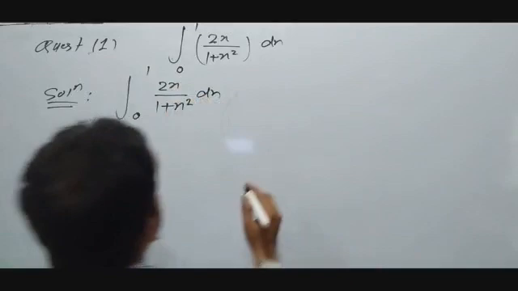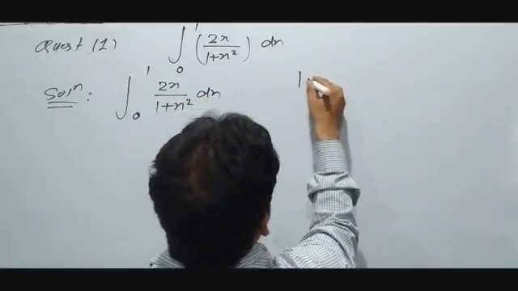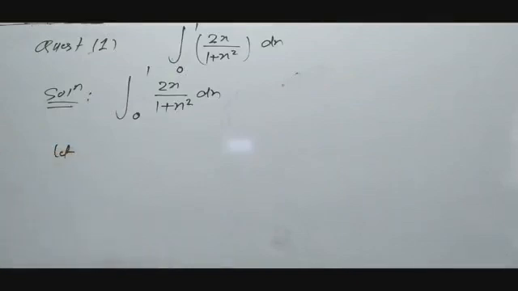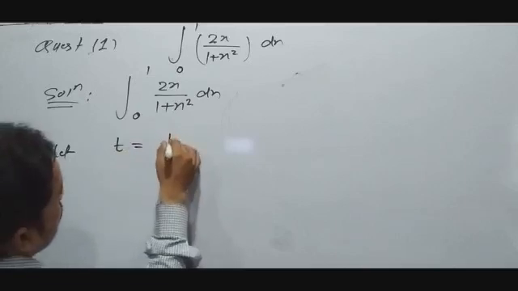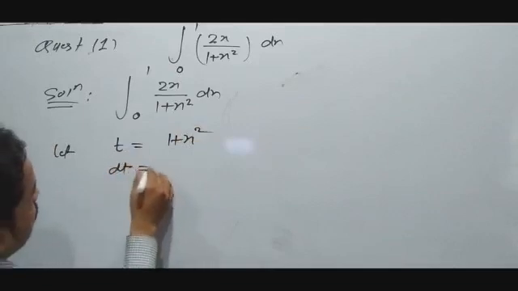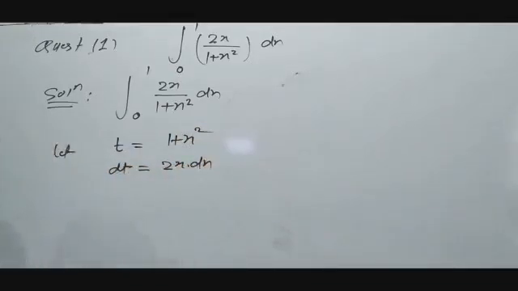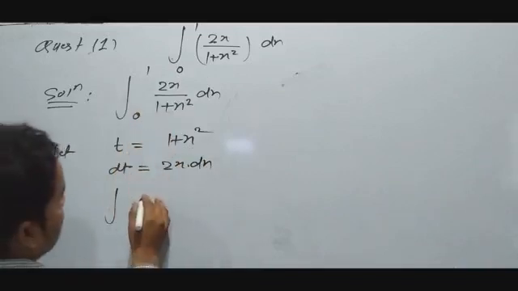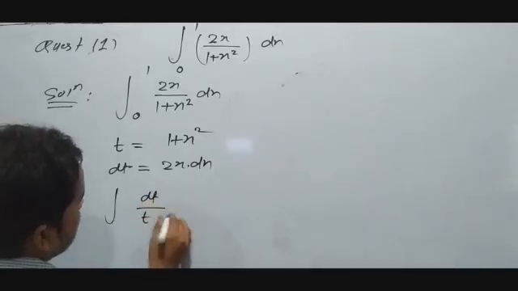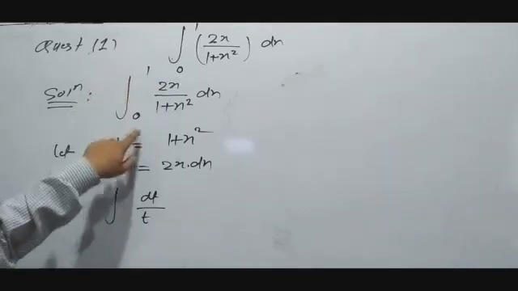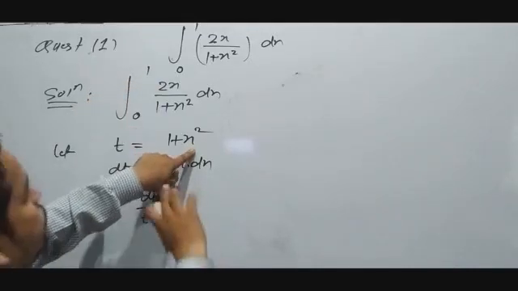So let t be equal to 1 plus x square, then dt will be equal to 2x dx, and the integration will convert in terms of dt. The result is dt upon t, and this is the limit for x, and we have to change it for t.